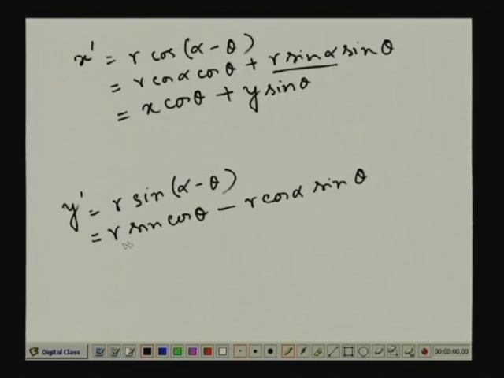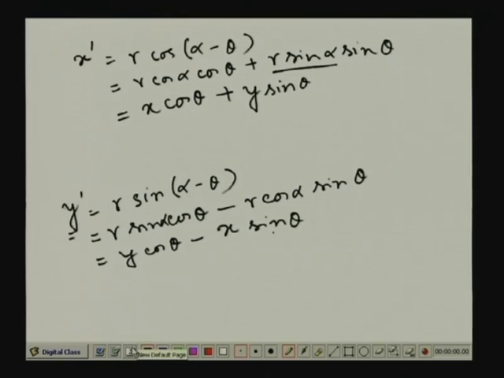Again r sine alpha is nothing but y, so this takes the expression y cosine theta minus x sine theta. So here I find that x prime is given by x cosine theta plus y sine theta and y prime is given by minus x sine theta plus y cosine theta.